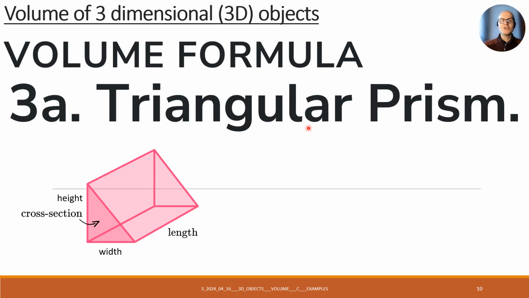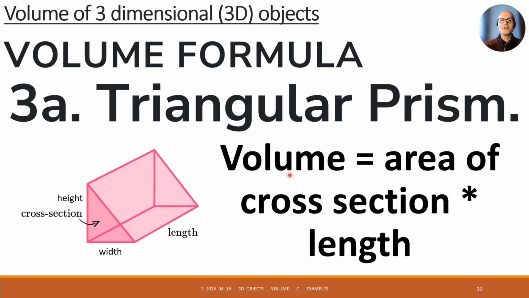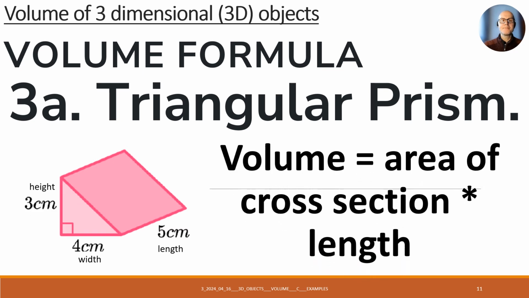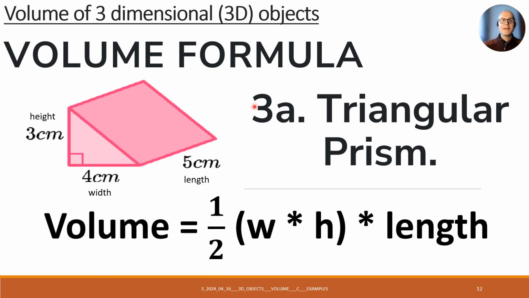Next example is a triangular prism. Volume formula for a triangular prism is the area of the cross section times the length. In this instance of the triangular prism, the cross section is a triangle. Let's put these figures into this formula.